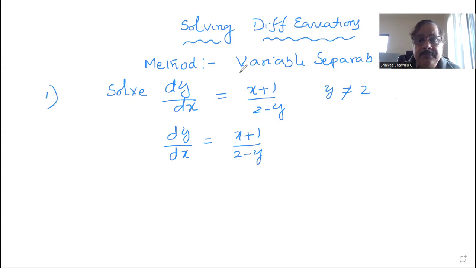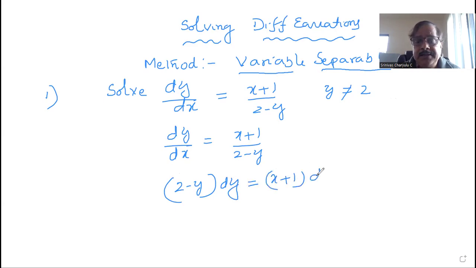What we said here, variable separable, is separate it out. 2 minus y you send to this side. x plus 1 retain on the right hand side and send dx this side. So now the left hand side you are only having 2 minus y dy, that means y and dy both are of the same category.